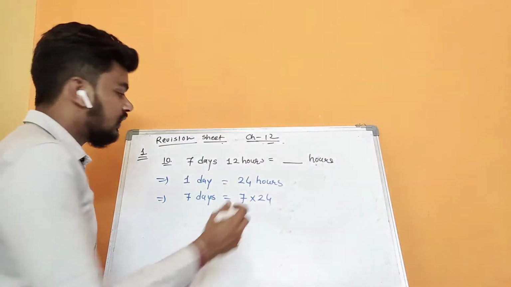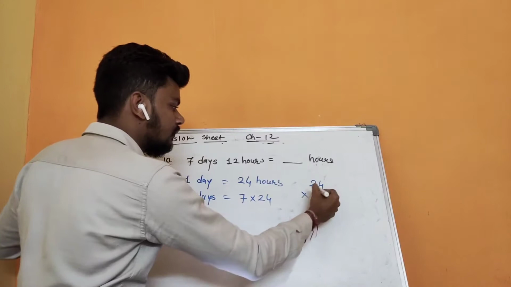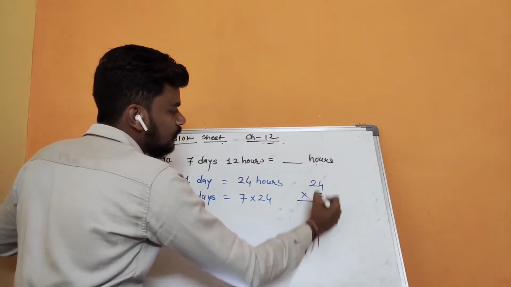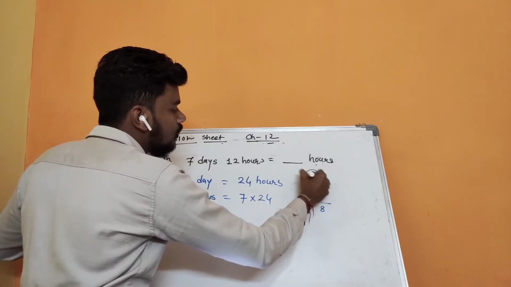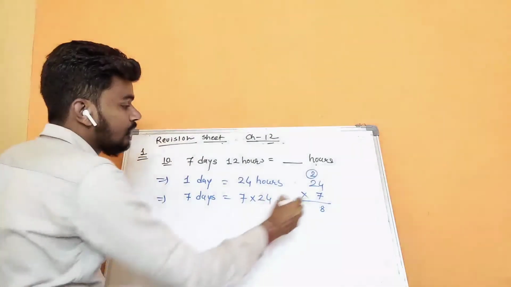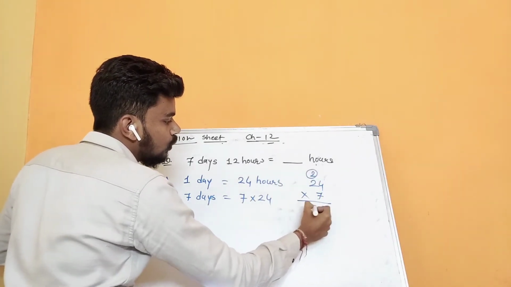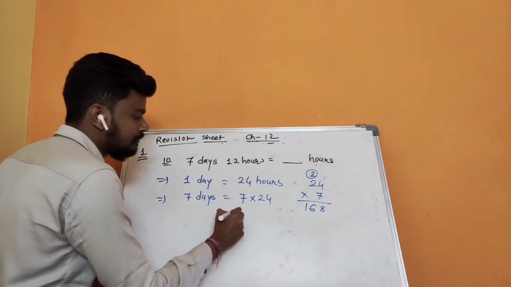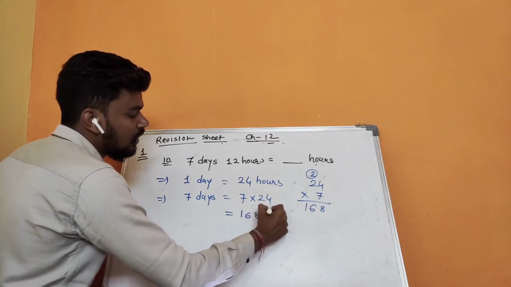Then let's do this multiplication on the side. 7 fours are 28, 8 here, 2 carry over. 7 twos are 14 plus 2, 16. So 168 is the proper answer. So 168 hours.